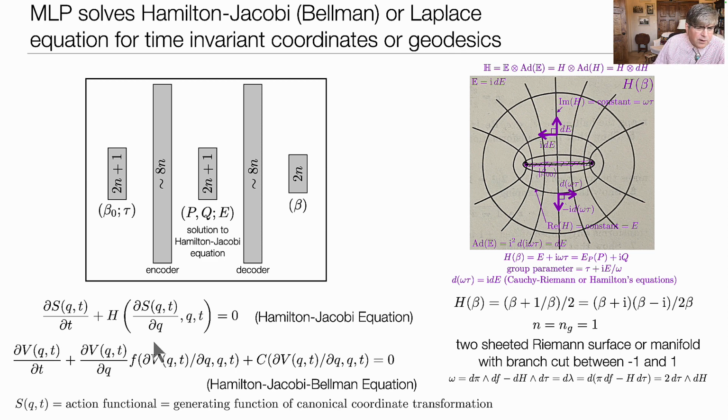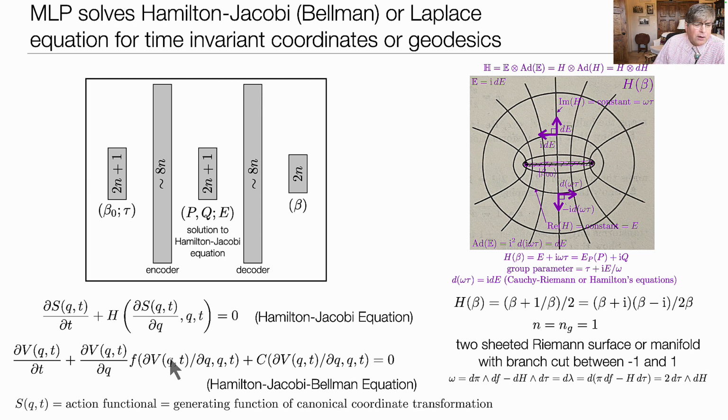That's a partial differential equation for the generating function of a canonical transformation from two canonical coordinates that are constants of the motion. And this generating function can also be viewed as both the action and the minus the entropy of the system.